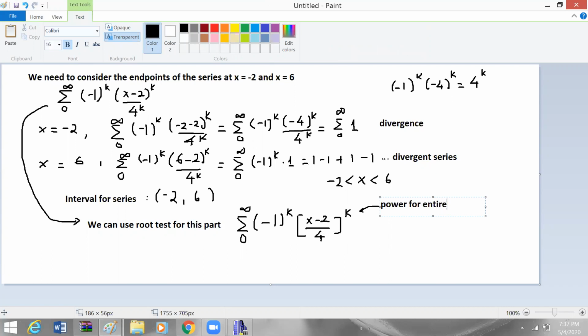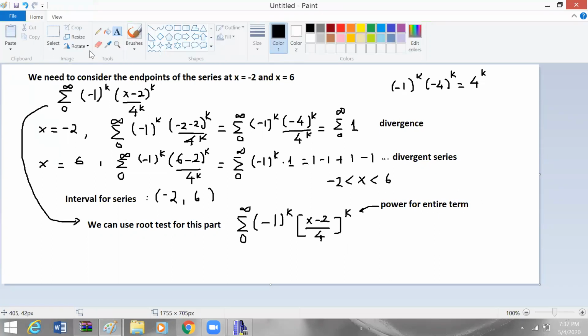So I feel like using the root test is a really very straightforward strategy. So what is the root test? Let me remind you, that would be the limit of k going to infinity of the k root of a_k. So it doesn't involve the next or the previous term for that part.